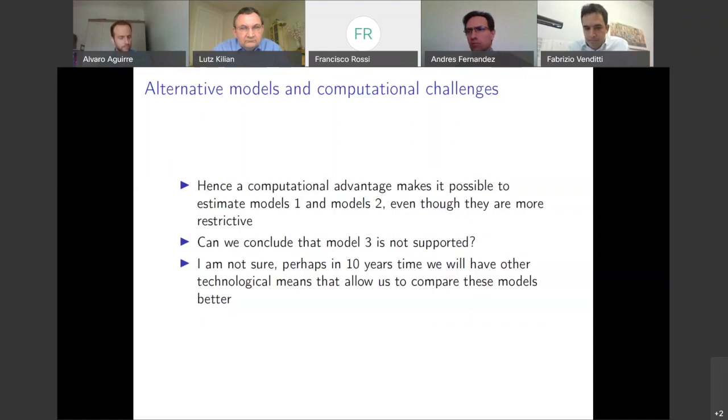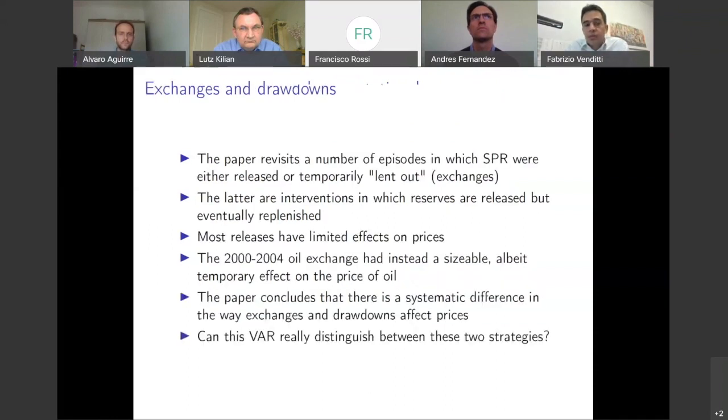But the conclusion we can draw from this kind of result is not, I think, that these models are at odds with the data. More general models are just sometimes harder to estimate. Point number two, sorry, exchanges and drawdowns.